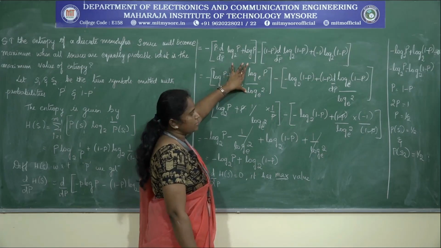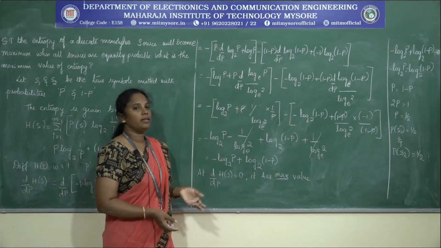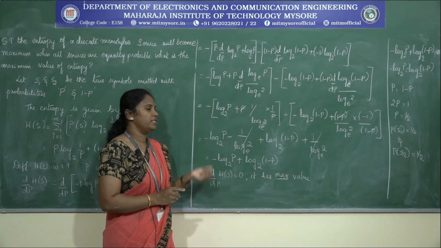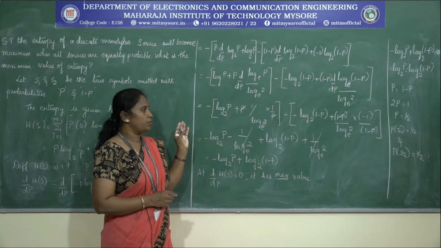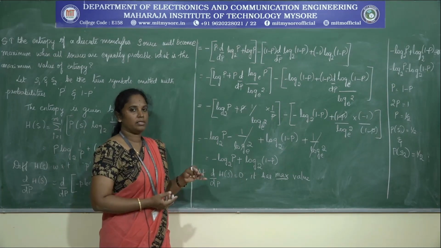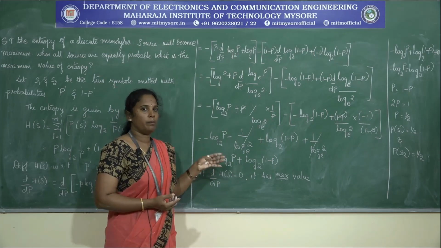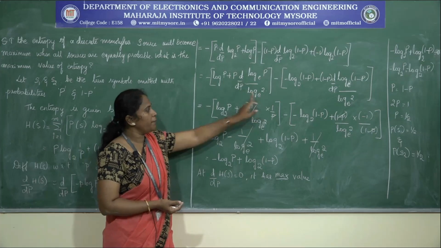This is once again the relationship we considered in the previous class, that is Hartley to Nats as well as Hartley to bits, where the base gets changed: log of A to B is equal to 1 by log of B to A. Considering that, the base gets changed here.